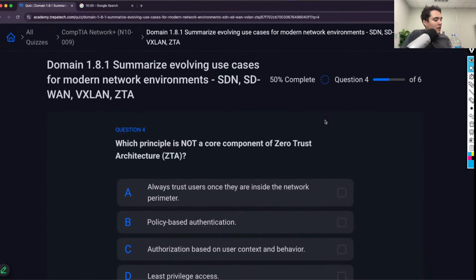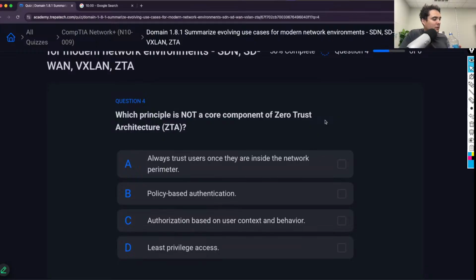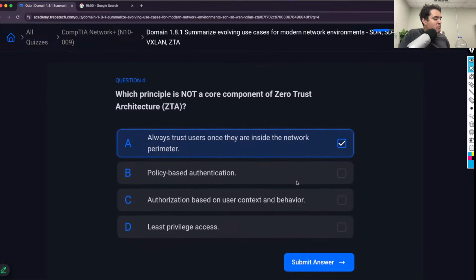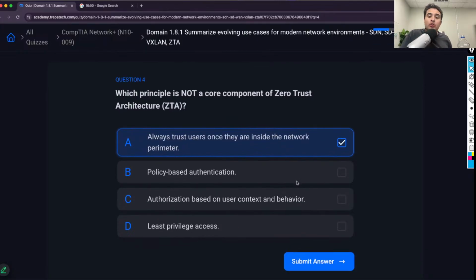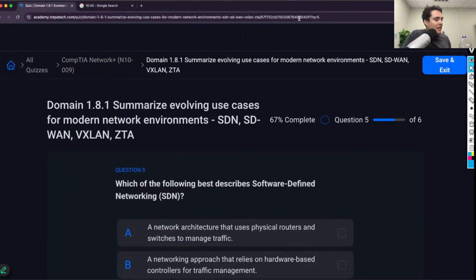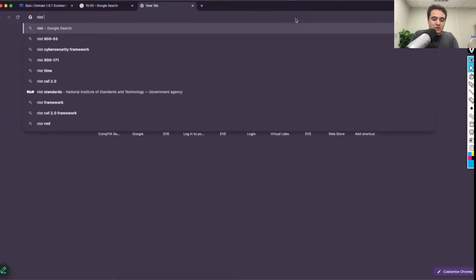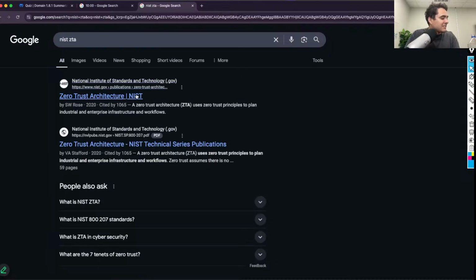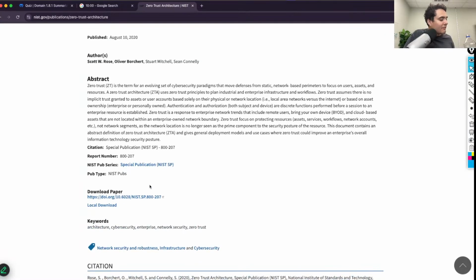Question 4. Which principle is not a core component of zero trust architecture? Another easy one. A. What's our core tenet? It's never trust, always verify. So A is not a core component. And again, if you want to look at that NIST Zero Trust Architecture, I think it's 800-207.